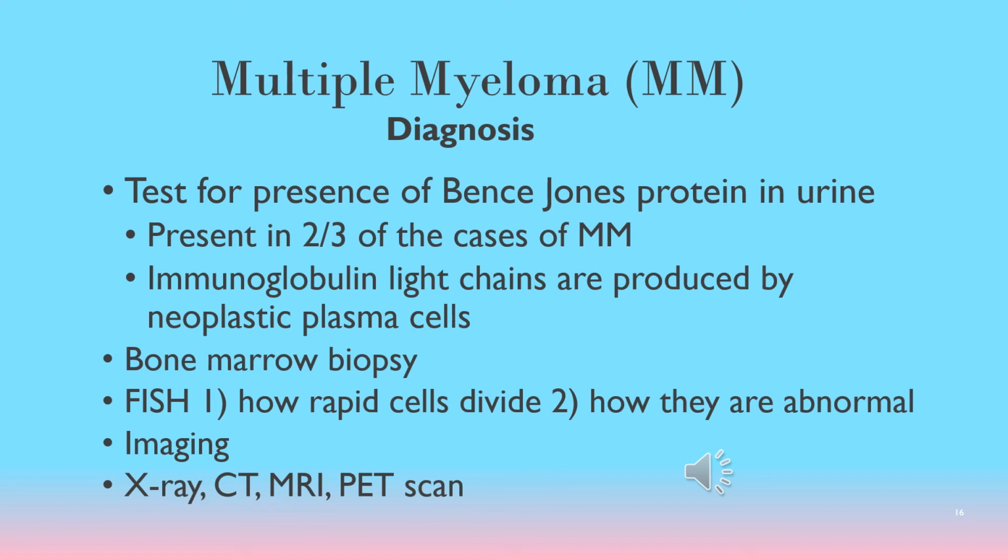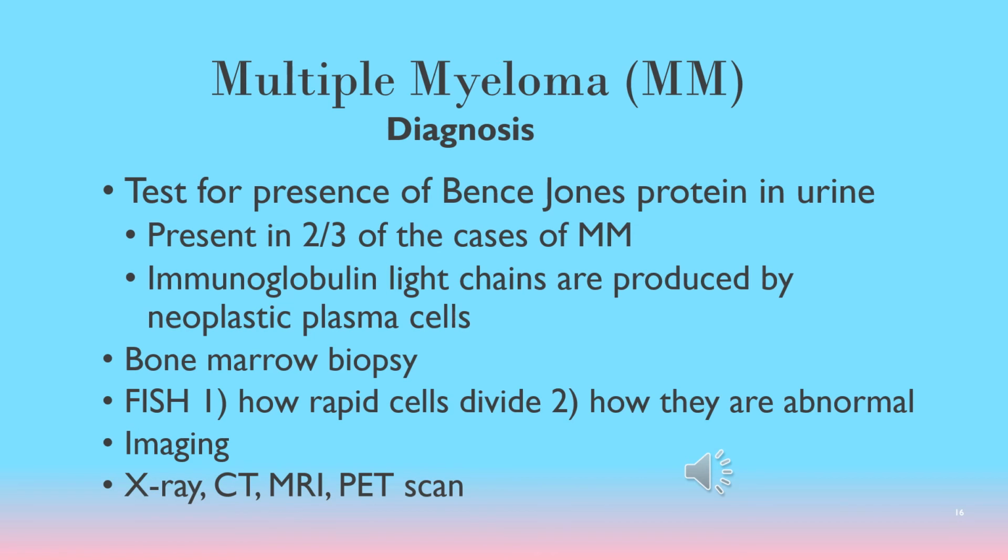They can do a special type test called a FISH test under fluoroscopy. And it's a fluoroscopic test that tells just exactly how rapid the cells divide and just how they are abnormal. How they are abnormal is important because it designs their plan of attack against the disease.